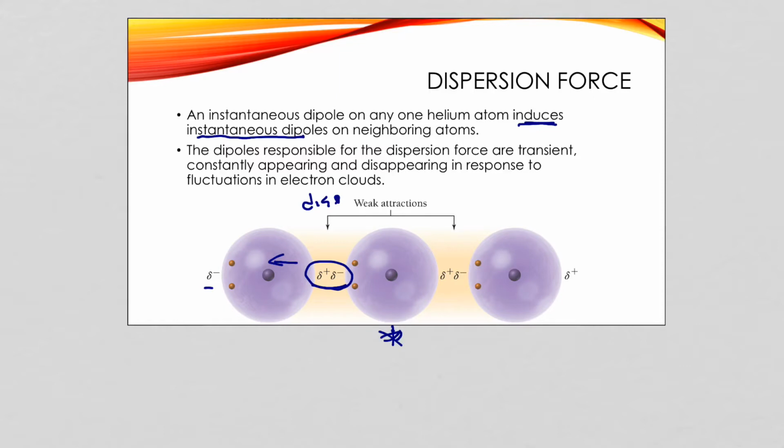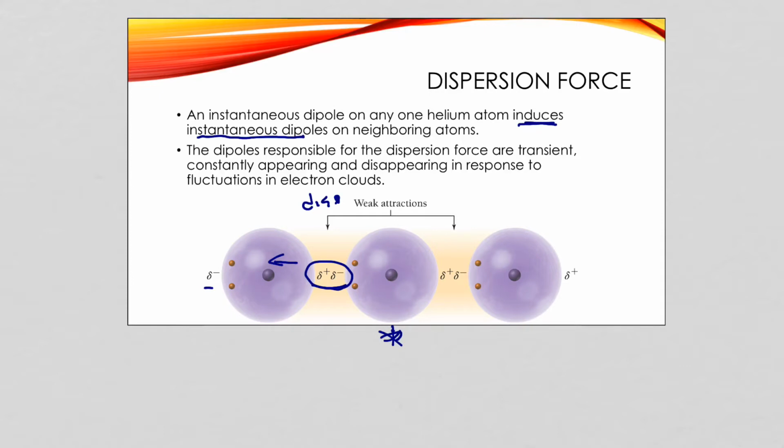And where you had the positive charge, that's going to maybe attract electrons from an opposite atom, again creating an instantaneous dipole over here, and again an area of attraction that we would think of as the dispersion forces. And this goes on in all directions, and of course once it happens here, then it's going to be induced in other atoms surrounding this one. So this is the idea of how these dispersion forces get created.